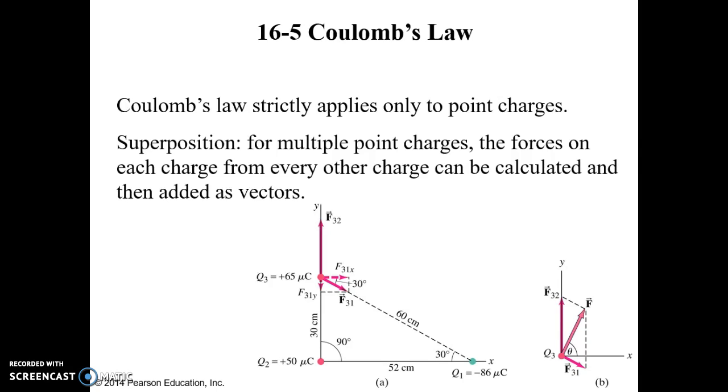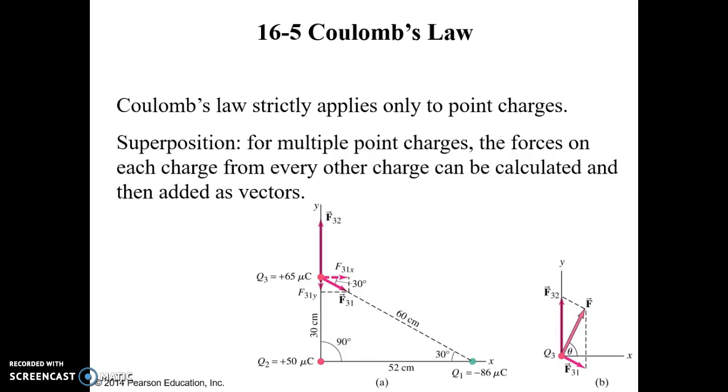Now, to calculate the electric force on a charged particle with multiple charges present, we can apply superposition. In the example below, which is way harder than what we'll do for this course, I can use this figure to explain superposition. If we want to calculate the force on charge 3, we can first ignore charge 2 and only focus on charge 3 and charge 1.